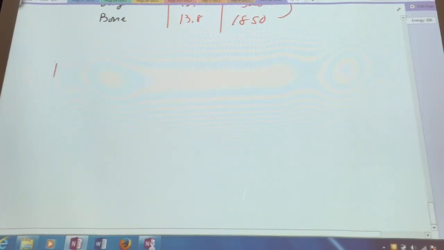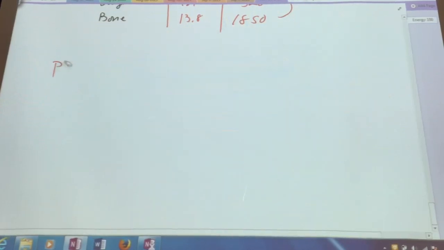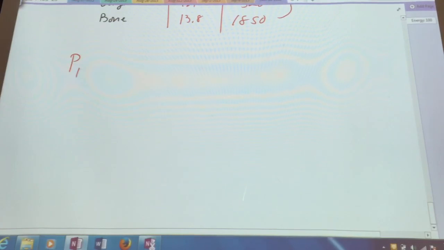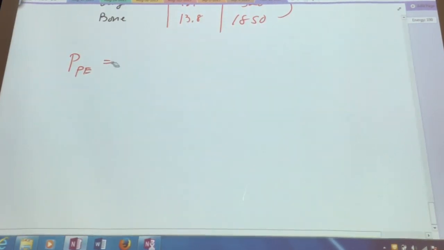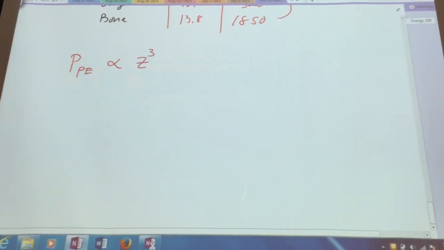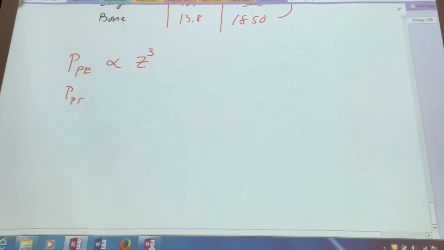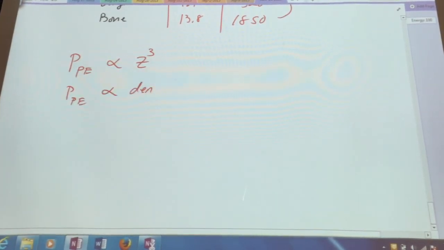So let's compare a couple of probabilities. Our photoelectric probability is proportional to Z cubed, and it's proportional to density.